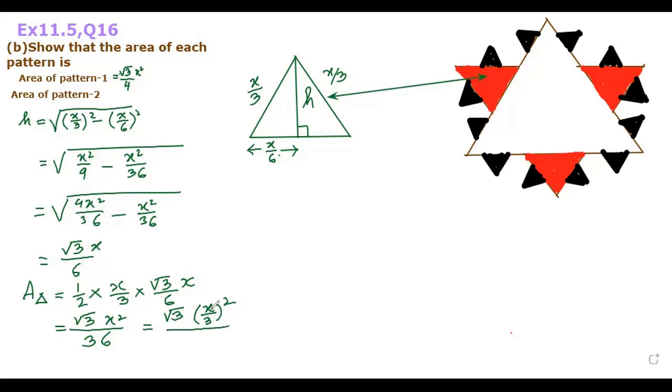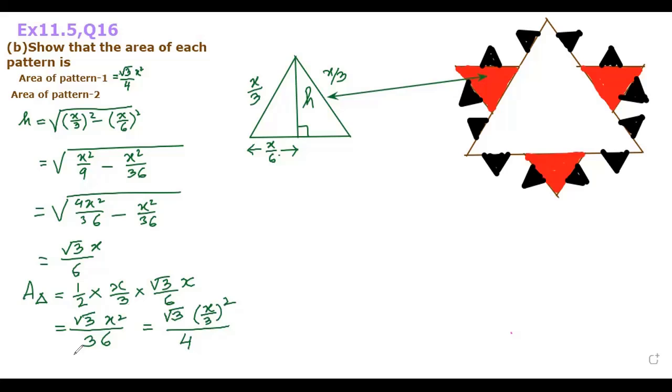So x upon 3 whole square will become x square upon 9. So 9 is already used here, so we have to show here 4 to balance it. So this is the equivalent form of root 3 x square upon 36.